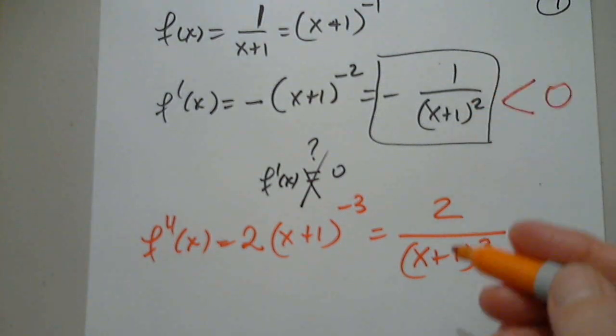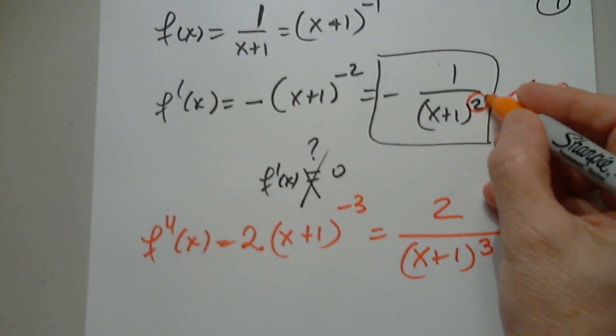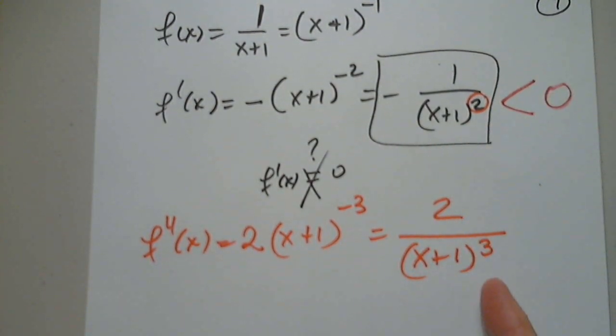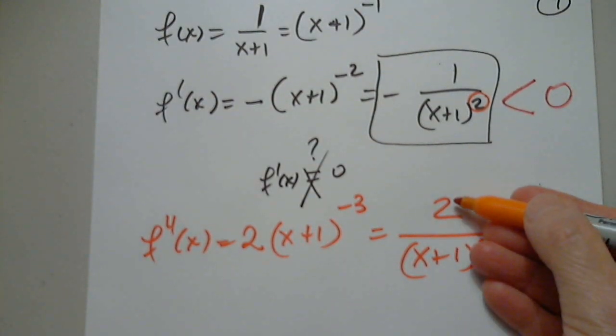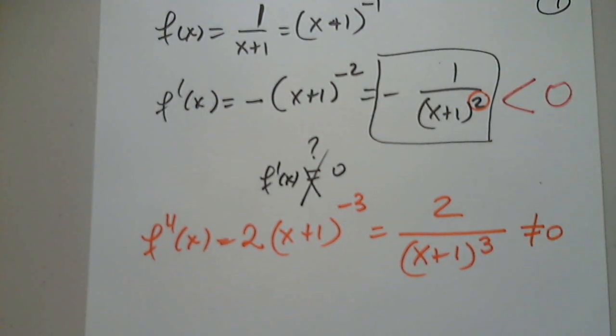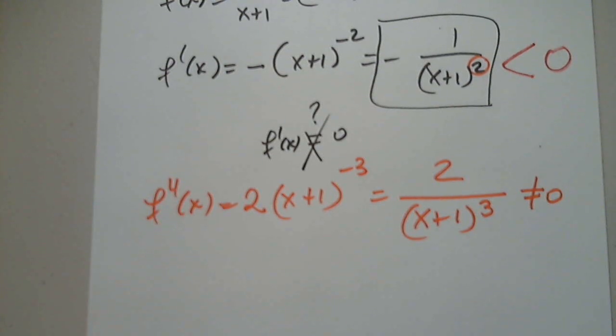I cannot draw the same conclusion. Power 2 is always positive, but power 3 can be positive or negative. But obviously it's not 0, because a fraction is 0 when the top is 0, but 2 is not 0. But I also need the sign.